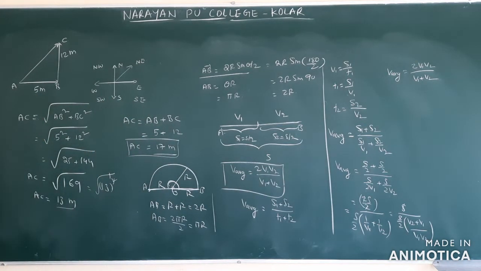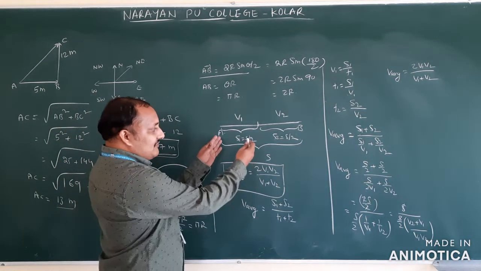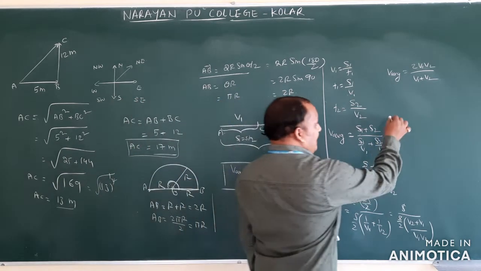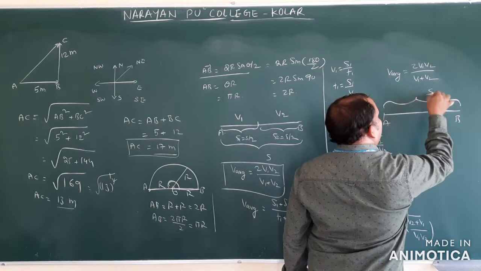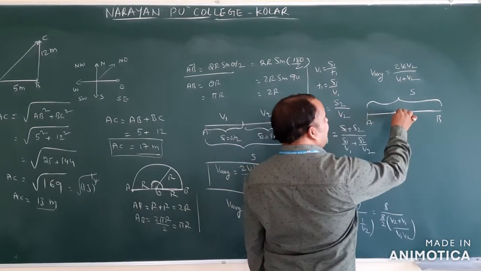For the first 1/3 distance with speed v1, next 2/3 distance with speed v2. First 1/3 means, total distance how much now? Total distance from A to B is S. Now it is going to be divided into two distances.